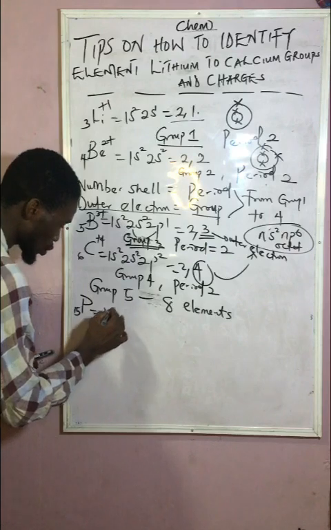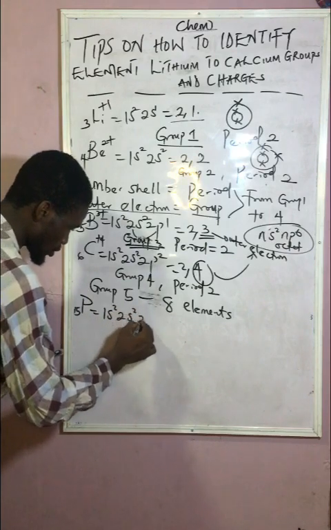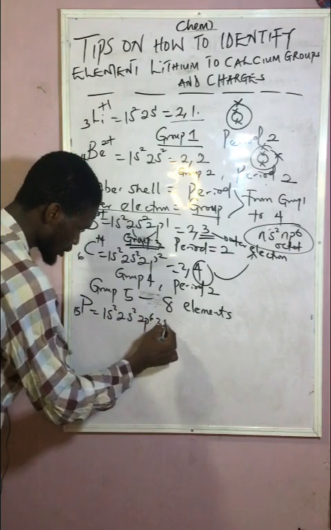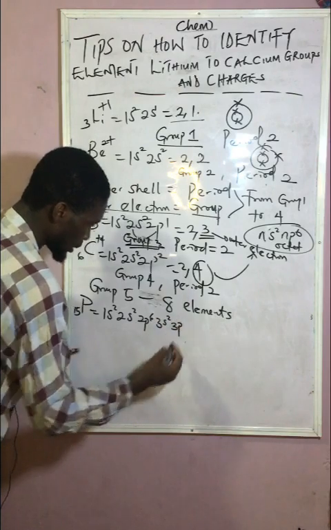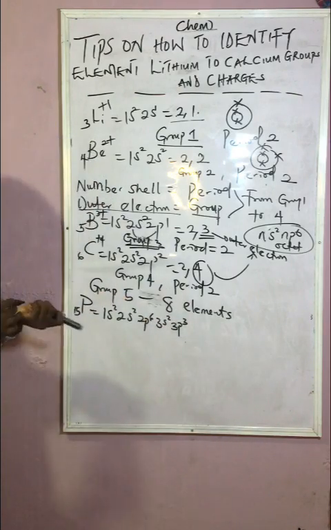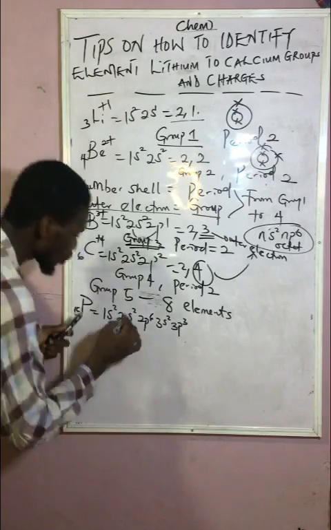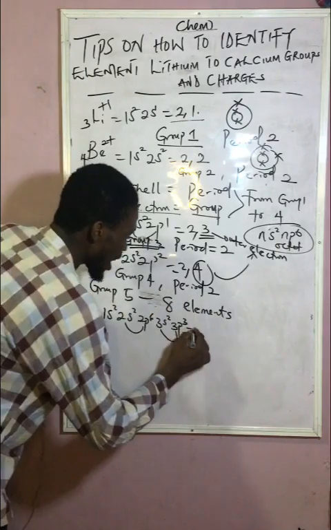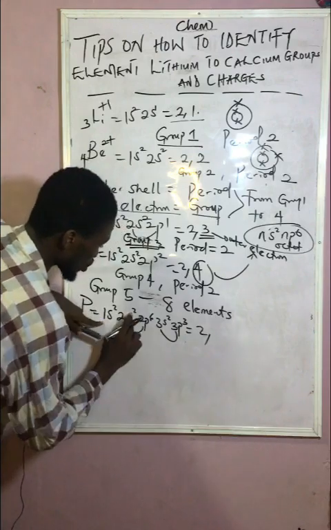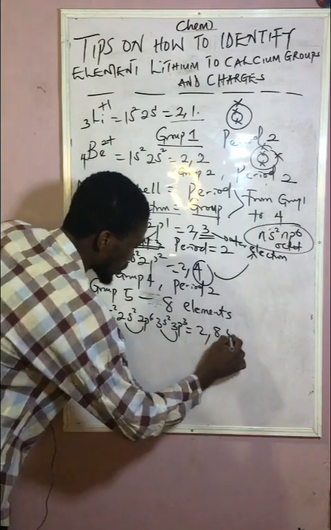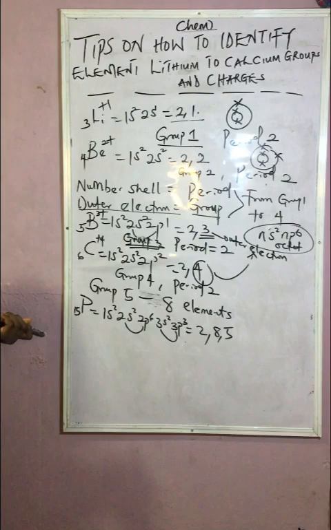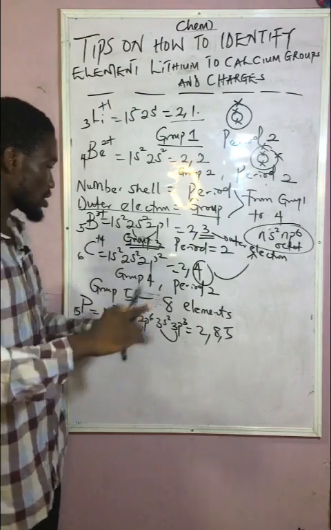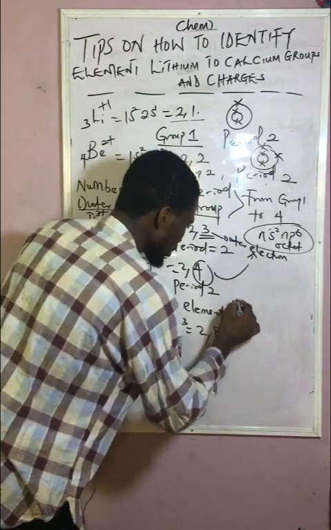We have 1s2, 2s2, 2p6, 3s2, and 3p what? 3. Are you with me now? Exactly. So now, don't forget I told you guys that the octet we are going to what? Add this together. So we have 2, 2 plus 6 will give us what? 8, what? 5.